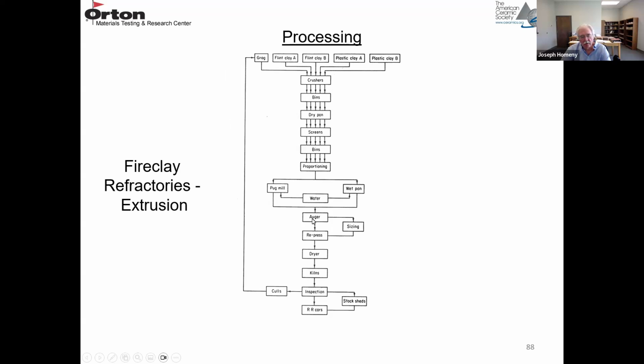That plastic mass goes into an auger, and there may be an additional sizing step. The material that's extruded may not be very dimensionally stable, so you can go through a repress operation, and then it's dried and fired, and again, it's inspected, and the rejects go back into the process.